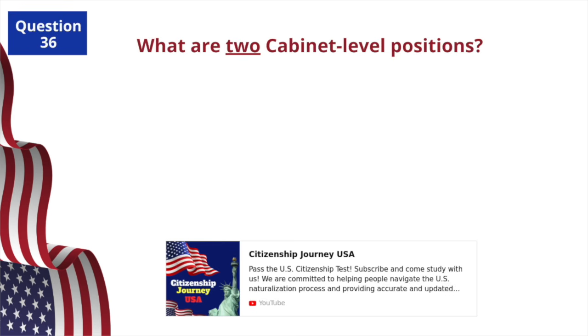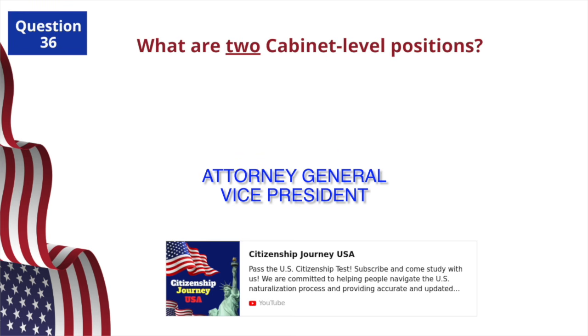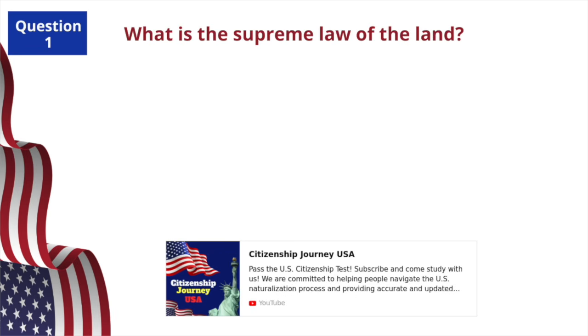What are two cabinet-level positions? Attorney General. Vice President. What is the supreme law of the land? The Constitution.